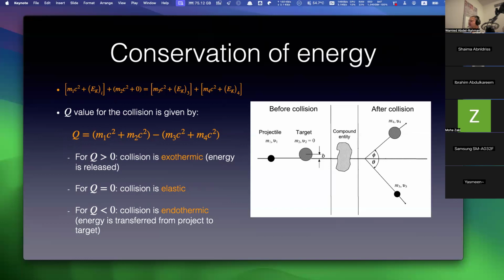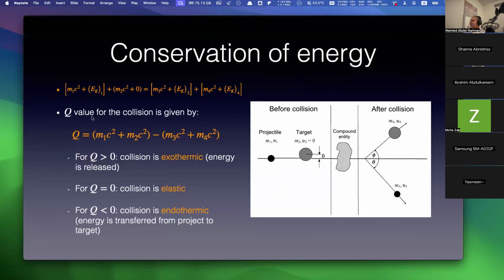You just need to always think of conservation of energy and conservation of momentum for the system before the interaction equals the system after the interaction. Before the interaction, we just have a projectile and a target, so 2 particles, and the outcome could be 2 or more particles.